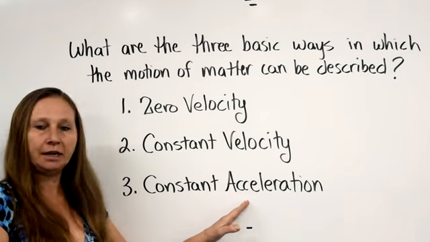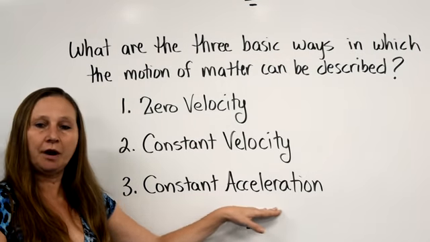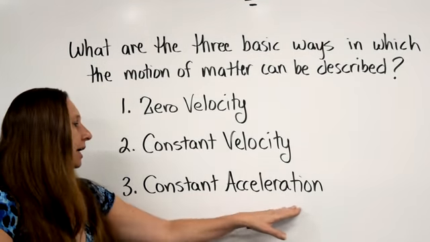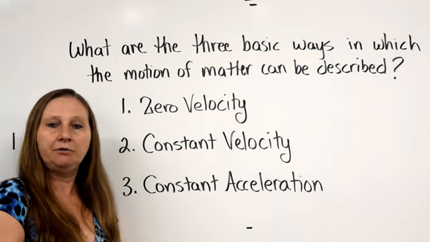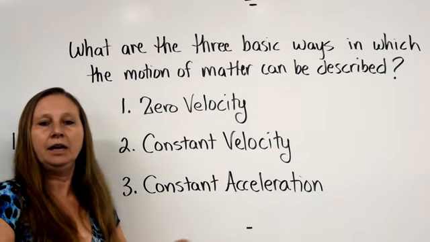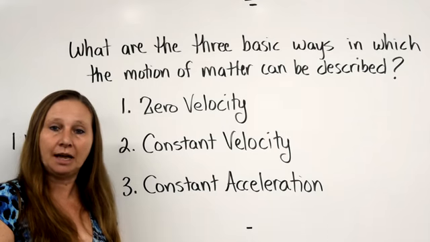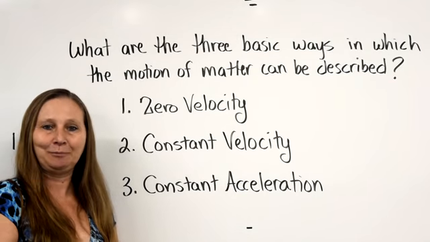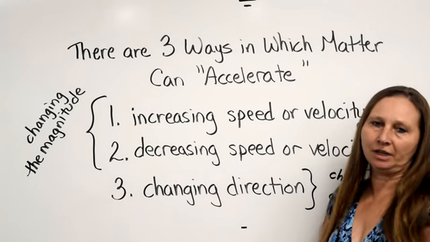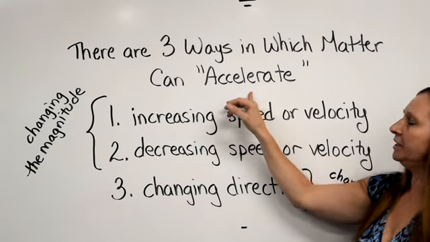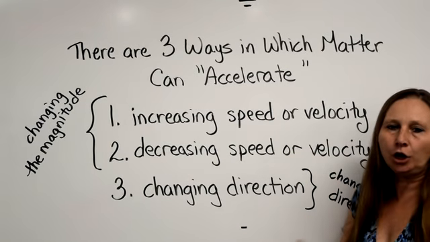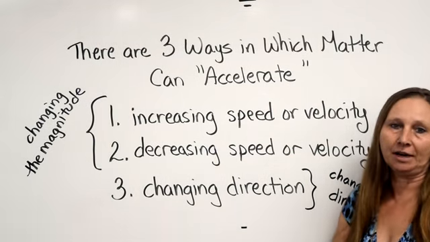Now, in just a second, I will reiterate, because it's very, very important that you understand that acceleration means three different things in physics. There are three different ways in which an object can be said to be accelerating. One of the most important concepts that must be made clear early in the physics course is that acceleration does not just mean going faster and faster.